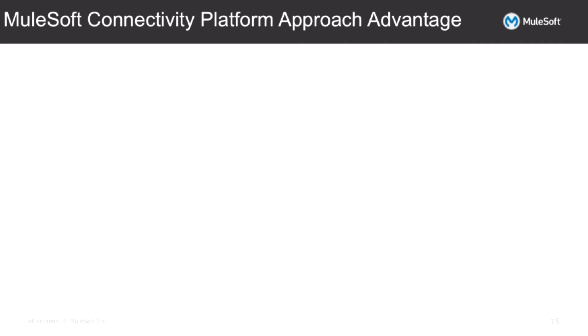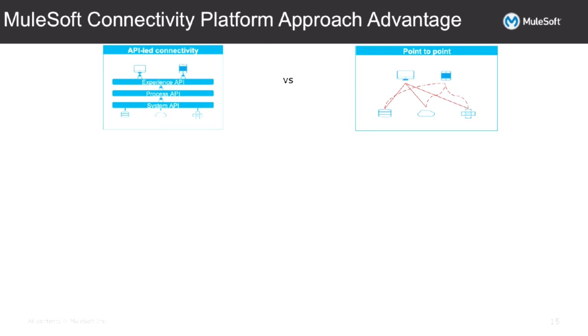Now let us look at some of the advantages that you get by using the MuleSoft's connectivity platform. Of course, you get this entire integration is templatized, scalable, and extendable, and not tightly coupled as might be the case in a point-to-point scenario.